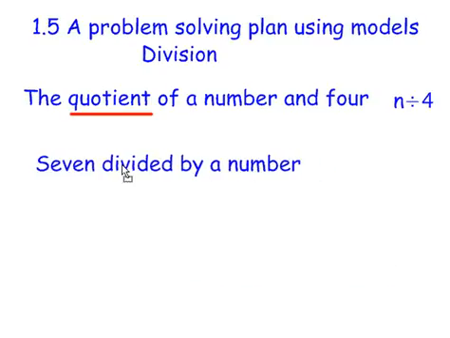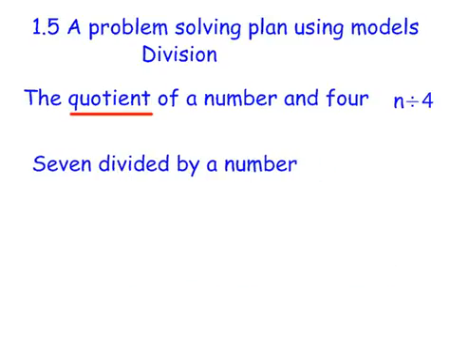And this one, 7 divided by a number. The operation is tipped off by divided. And in this example, it is 7 divided by n. And remember, order matters on subtraction and division.